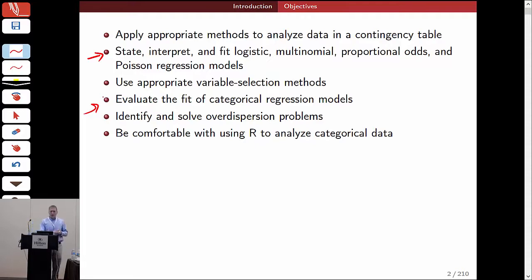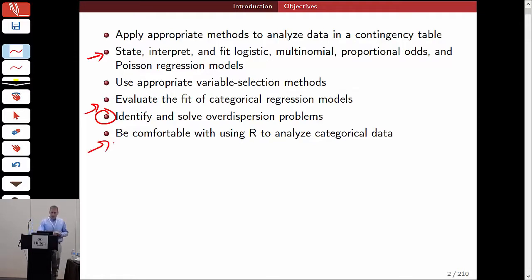And we'll be focusing on a specific kind of problem that occurs with these categorical response models, sometimes called overdispersion. Simply what that means is that the variation in your data is more than what you would expect given a particular model. And so we'll look at ways to identify overdispersion when that happens, and also how to solve it.